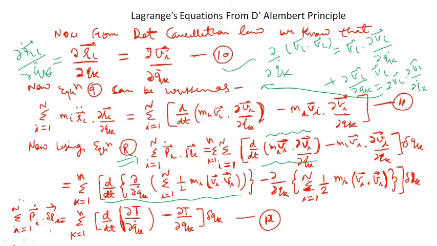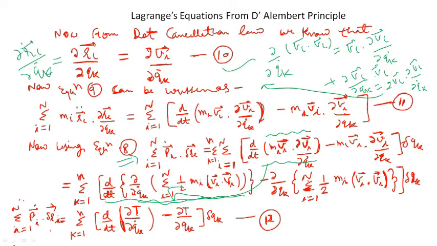The term mi vi dot ∂vi/∂qk dot can be written as ∂/∂qk dot of sigma i from 1 to capital N, 1/2 mi vi dot vi.